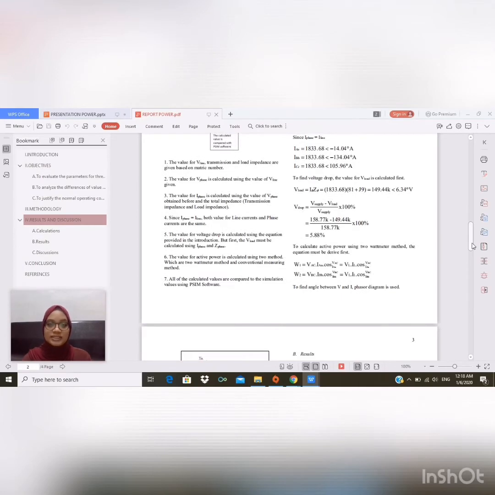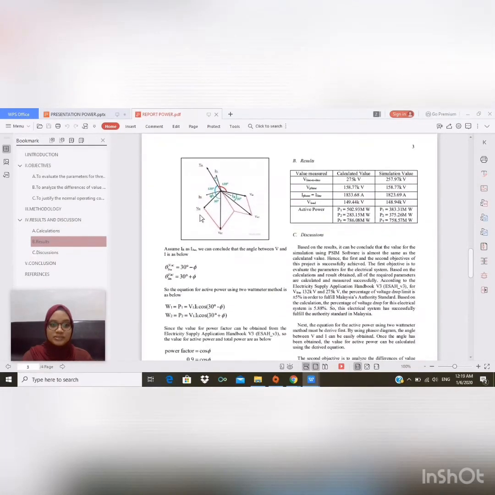Next, to calculate the active power, first we use the 2 wattmeter method. The equation must be derived first, for wattmeter 1 and also for wattmeter 2. As we know, the equation for power in a three-phase system is equal to VI cos of the angle difference between V and I. This is also equal to V line times I line times cos of the phase angle between V and I. To find the phase angle, we use the phasor diagram, which is this one.